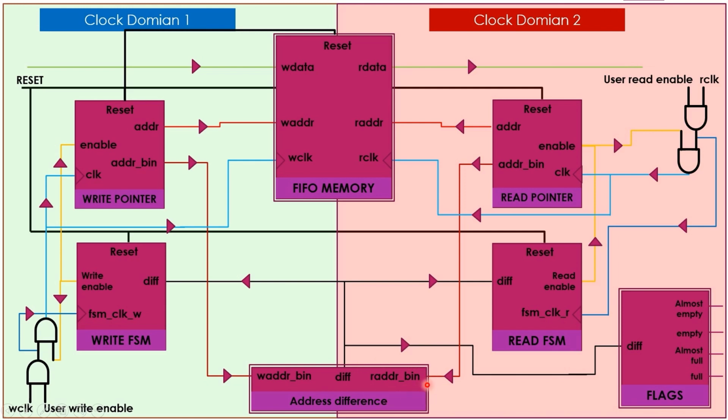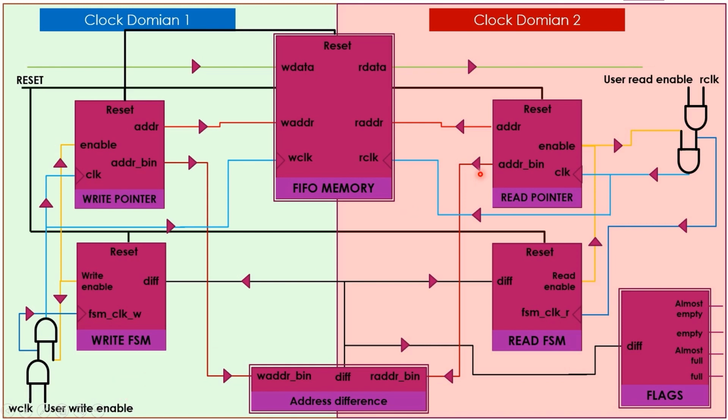The clocks in the system are write clock, read clock, FSM clock in write domain, and FSM clock in read domain. The FSM clock in write domain is generated by taking an AND of write clock coming from outside of this system and user write enable.